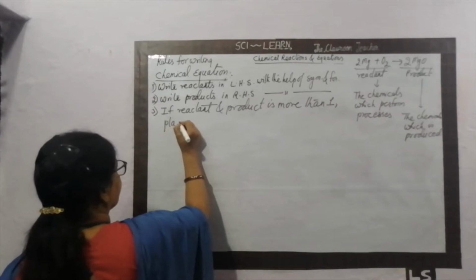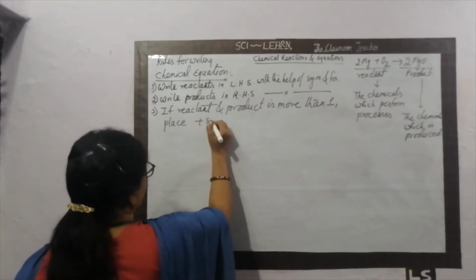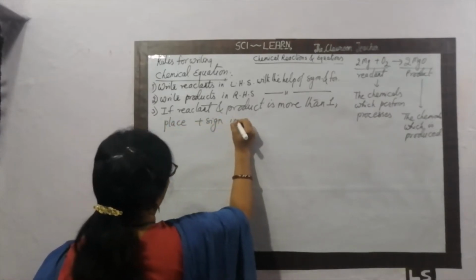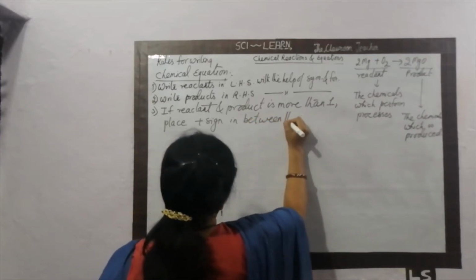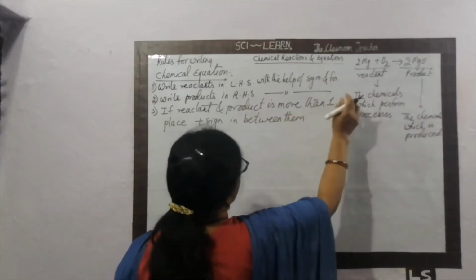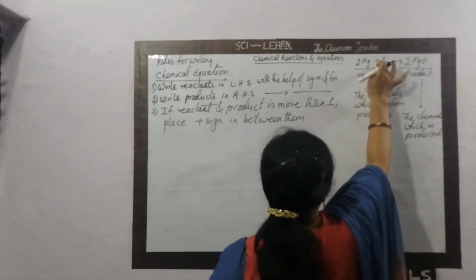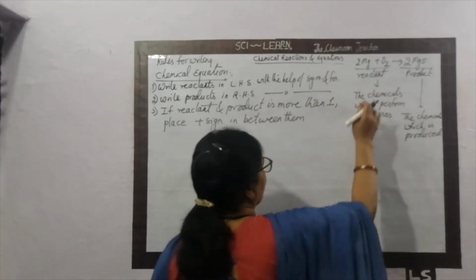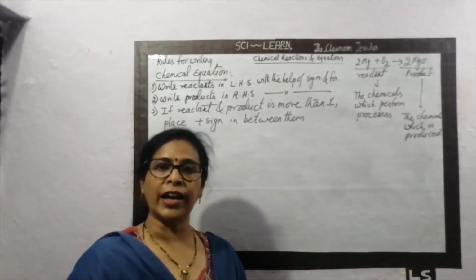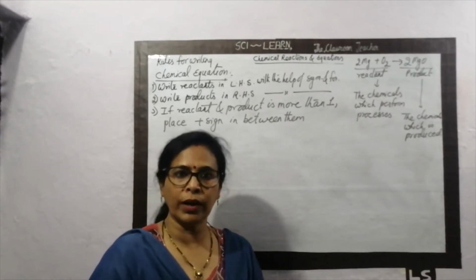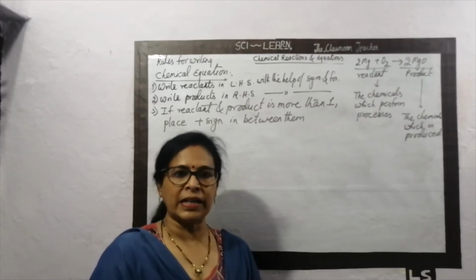Place a plus sign between them. Look here, two substances are there in the reactants, so I write a plus here. So if the reactant or product is more than one, we use the plus sign.